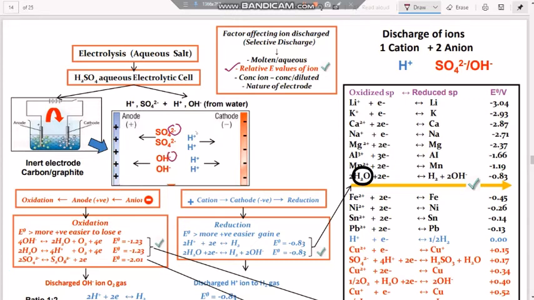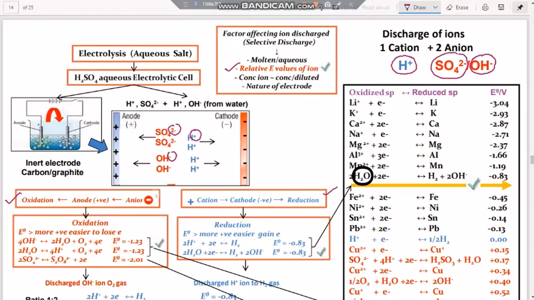The H plus ions in the solution move towards the cathode, and they will try to get deposited there. So as usual, oxidation takes place at the anode and reduction takes place at the cathode. For discharge, we have one cation, and two anions, the sulfate ion and OH minus ions.